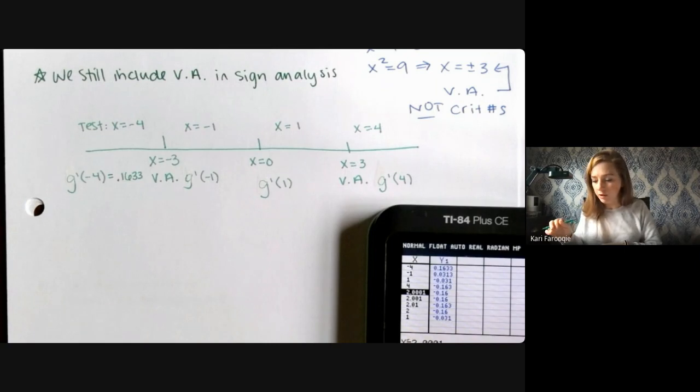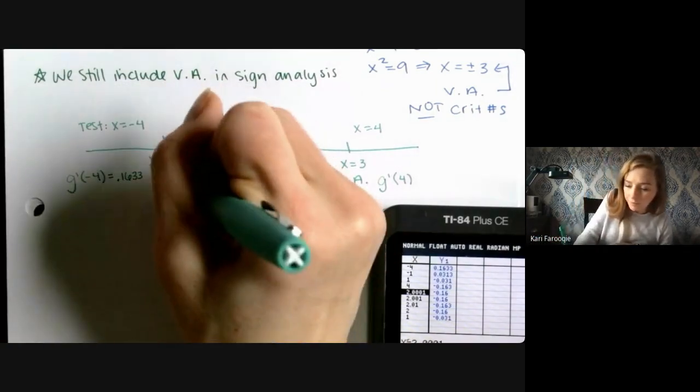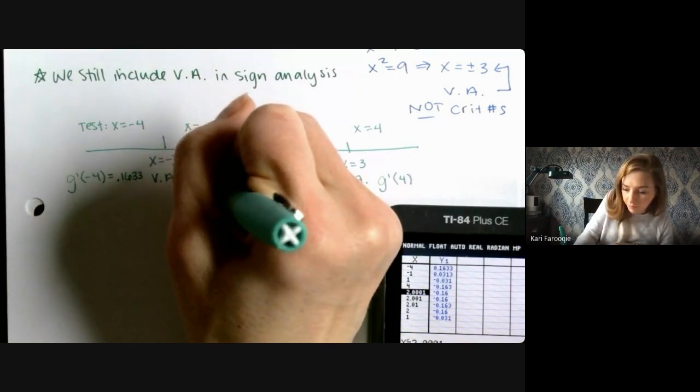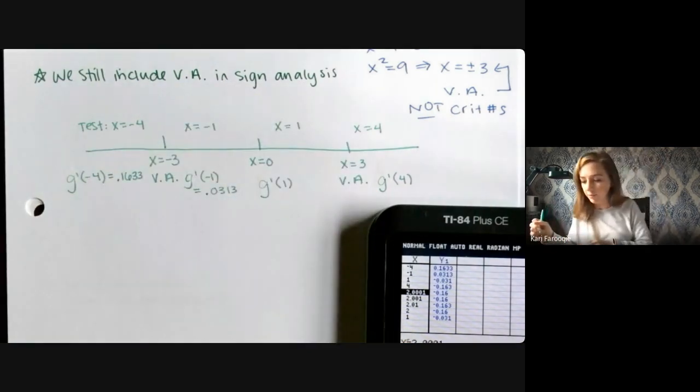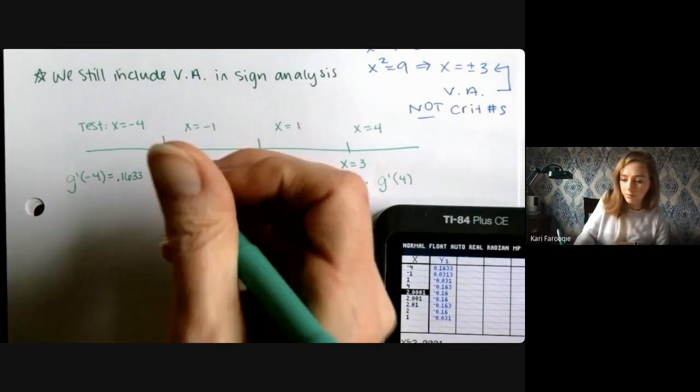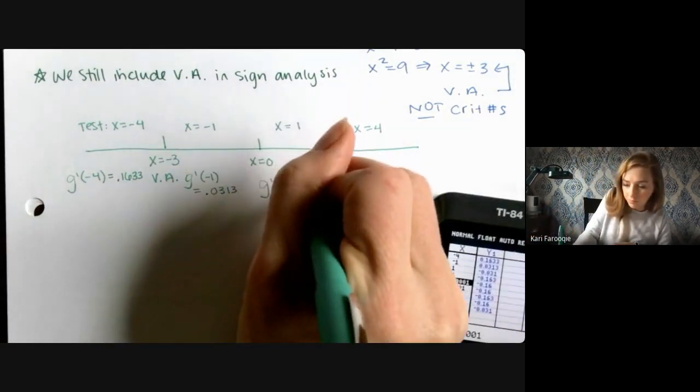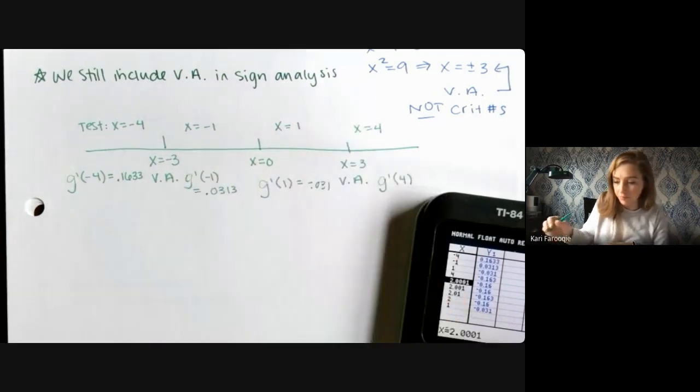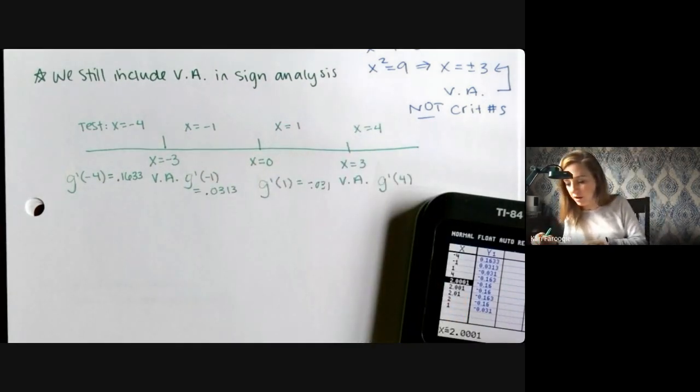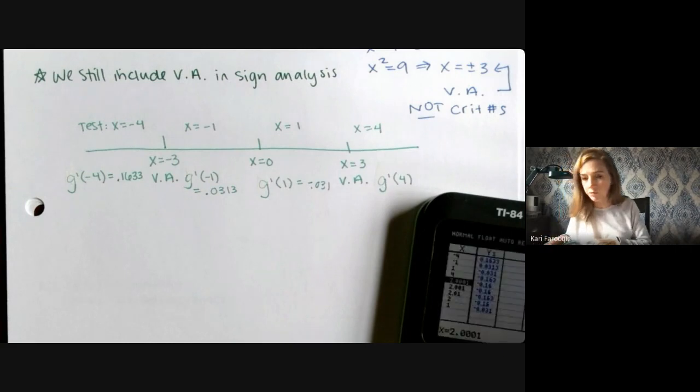At -1, we have 0.0313. At +1, we have -0.031. And at 4, we have -0.163.